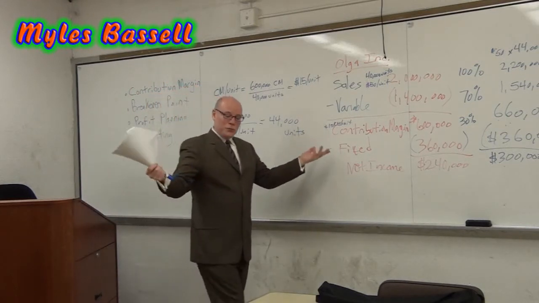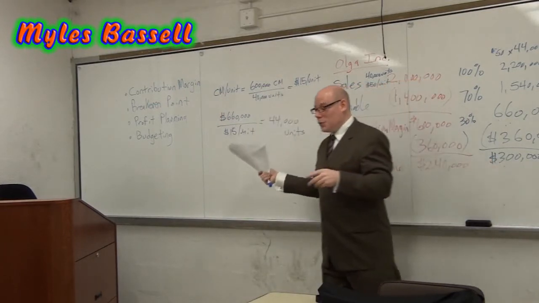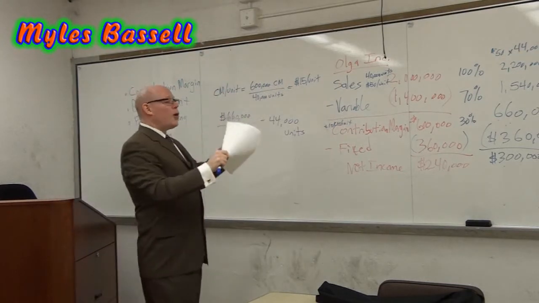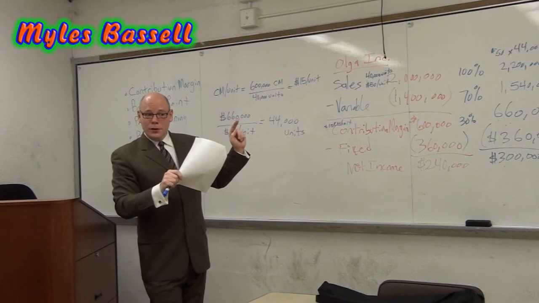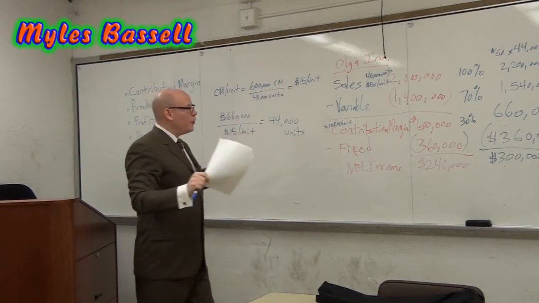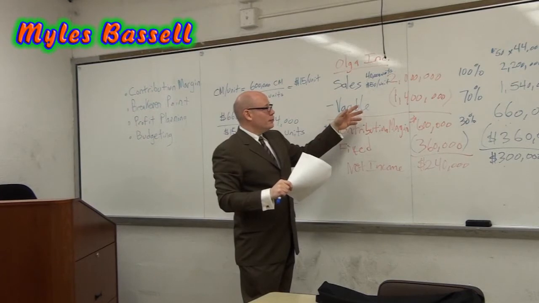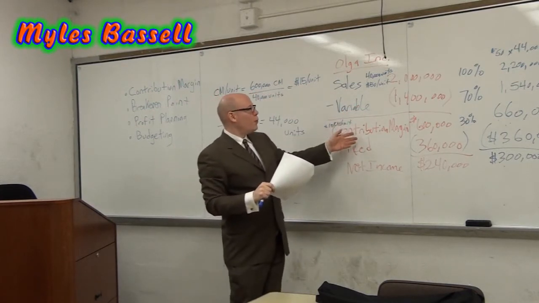So then, how are we going to do that? Remember, in another class Odalis told us we could lower the price. Maybe we lower the price to $40. But that's going to definitely have an impact on the contribution margin.